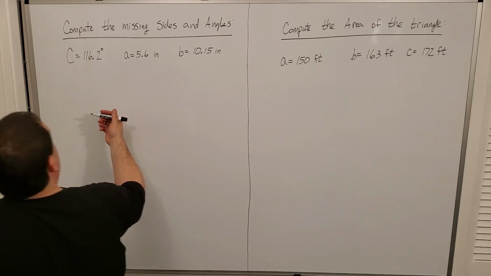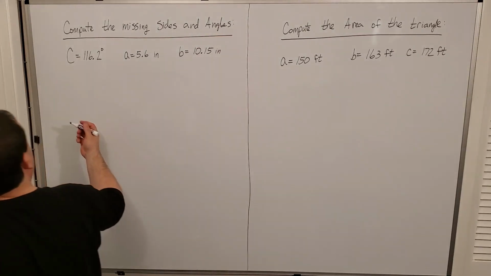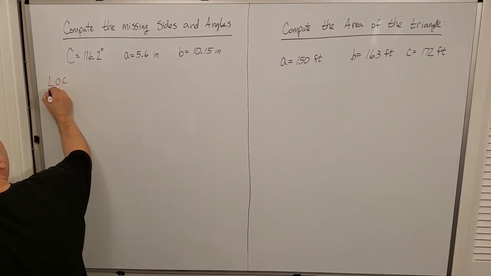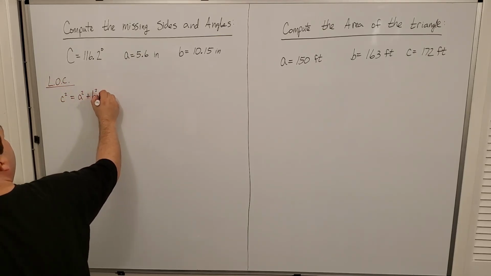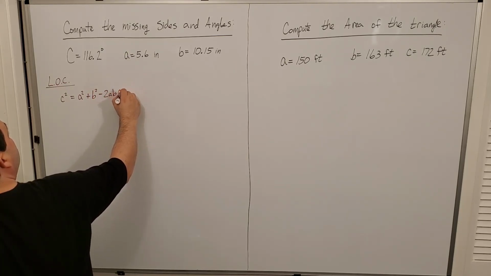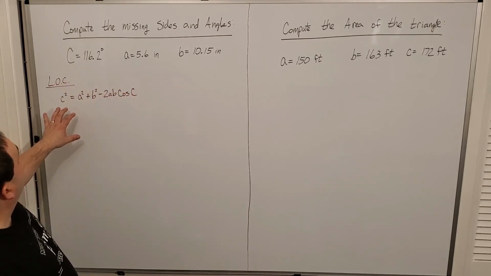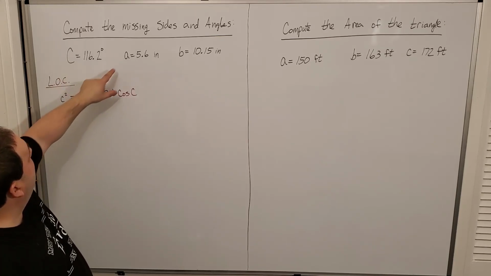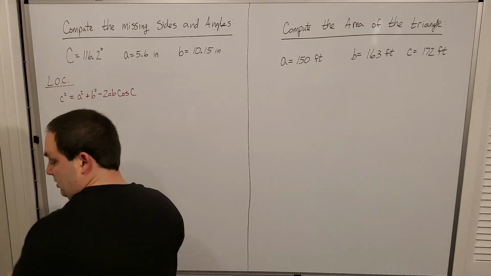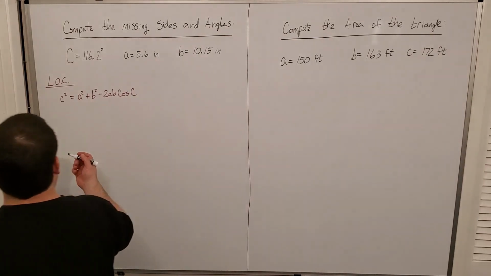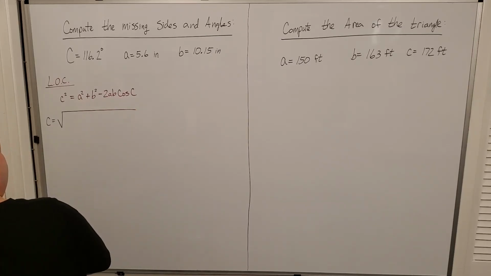Okay, so to do that here, I start with my law of cosines, right? LOC, law of cosines here, is going to be c squared is equal to a squared plus b squared minus 2ab cosine of big C. Okay, so I've got my law of cosines, and I have everything I need for the right-hand side. I've got little a, I've got little b, and I've got big angle C there. Okay, so then little c is going to be the square root of, notice I'm going straight for the kill on this one.